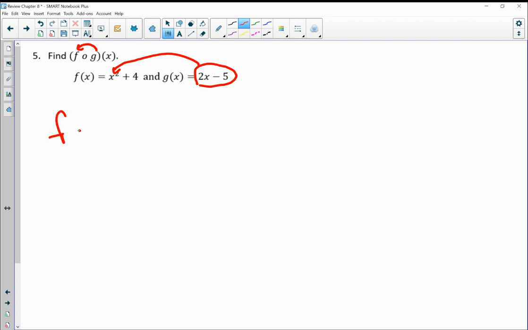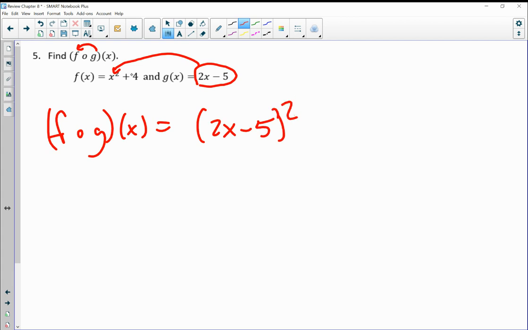Okay, so that means what we'll do is we'll take the 2x minus 5, plug it in, which means we'll have to square it. And then at the end, we'll plus 4.